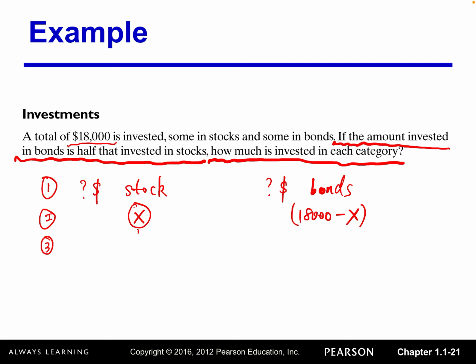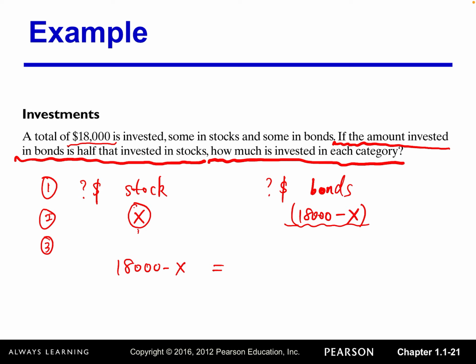If the amount invested in bonds is half that invested in stock, right? So "is" means an equal sign. What is equal? It says the amount invested in bonds. We already have the expression. So the money invested in bonds, that's 18,000 minus X, is half invested in stocks.